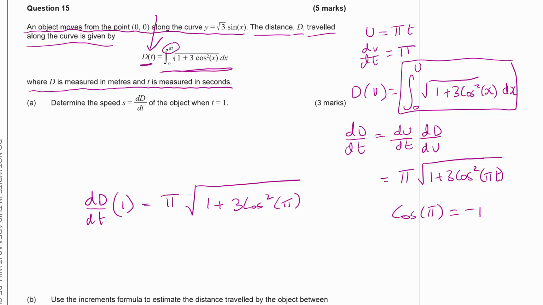We square that, we get 1, multiplied by 3 is 3, add 1 is 4. And so this is 2 pi. If we gave a calculator answer, 6.283, and that would be, in meters per second, 3 decimal places.